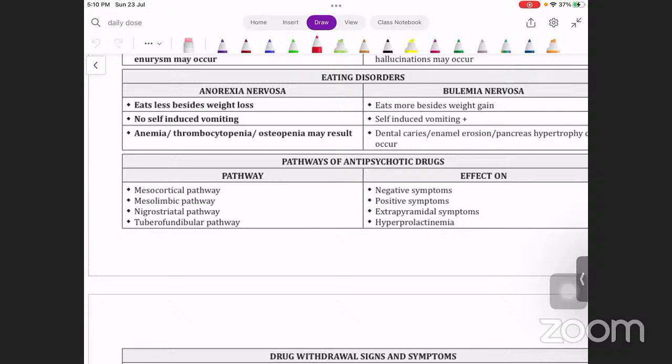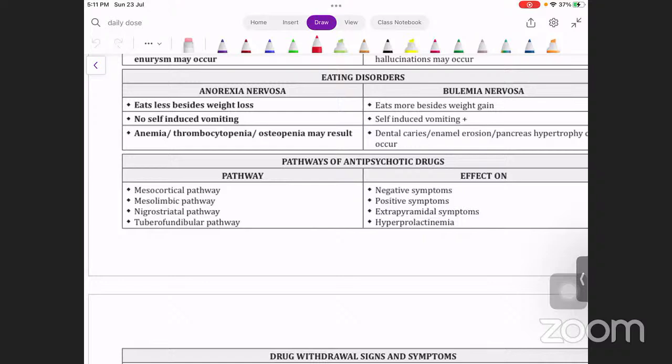So you may see enamel erosion, parotid hypertrophy, dental caries, or anything related to self-induced vomiting complications in bulimia nervosa, while anemia, thrombocytopenia, and nutritional deficiency are associated with anorexia nervosa. In anorexia, there is a firm belief that if we eat more we may get fat, so the patient will not eat in order to maintain weight. In bulimia nervosa, the patient eats more and tries to vomit so the food goes out and they do not gain weight.